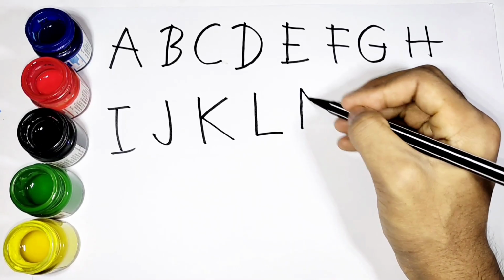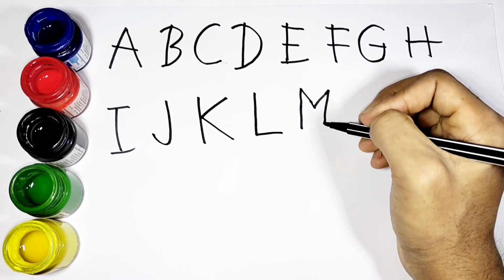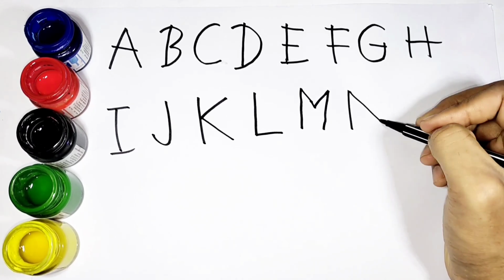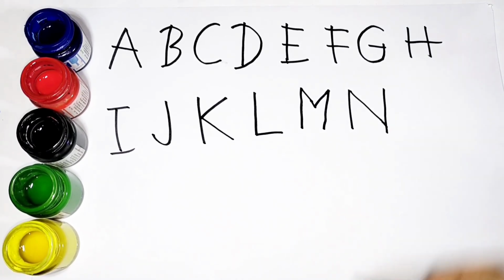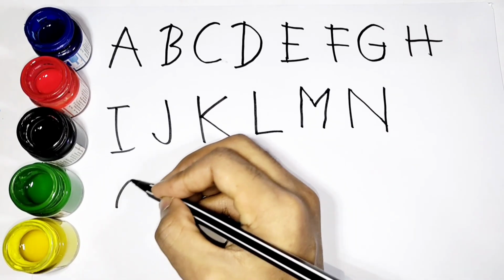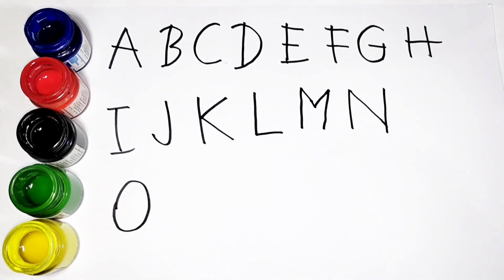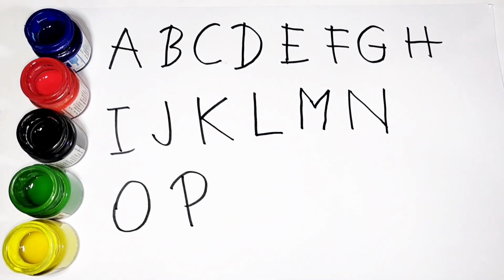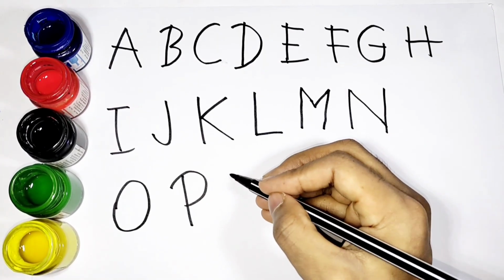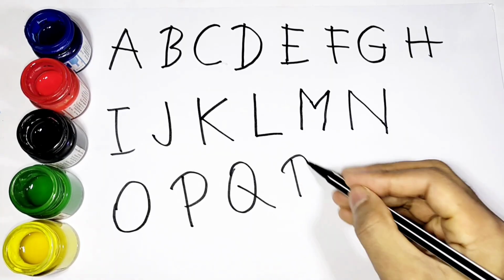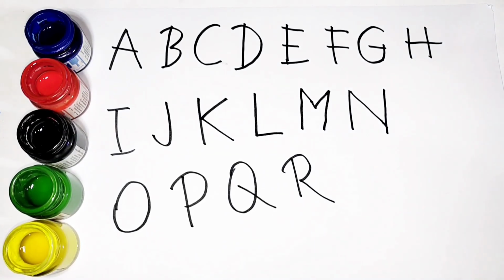And now we draw M. M for moon, M for mango. The next one is N for nose, N for nest. O for octopus. P for parrot. Q for queen. The next one is R for rose, R for rice.